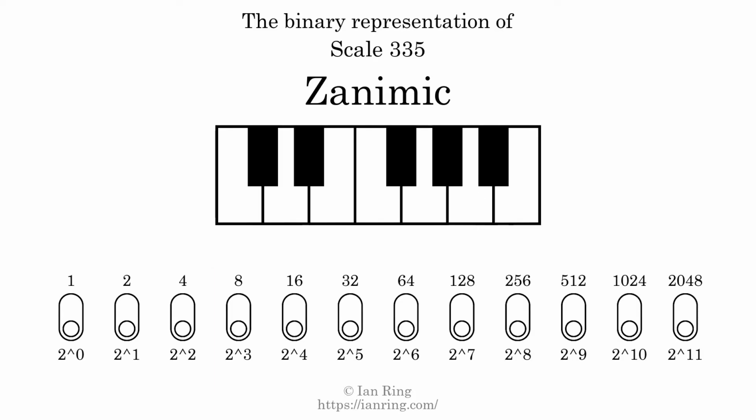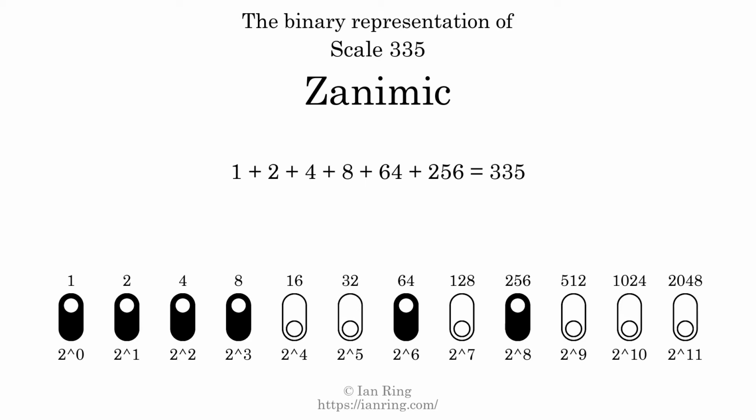The binary representation of this scale is determined by mapping tones of the scale to binary digits. Each binary digit represents a power of 2. To get the scale number, we add the powers of 2 together. The powers of 2 that are present in the scale, all added together, equals 335.